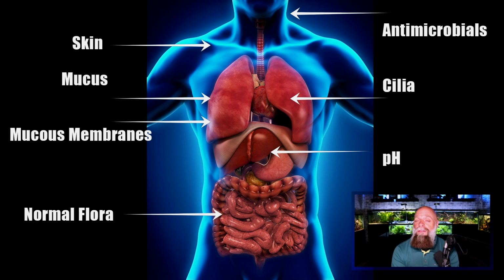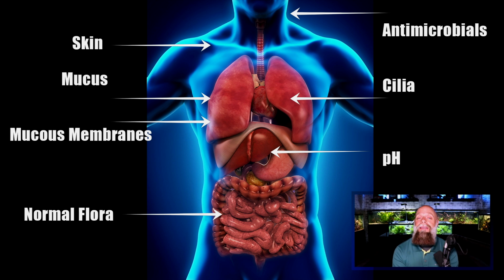All right, so first things first, I want to talk about the non-cellular components of your immune system, because there's lots of things that help prevent us from getting infections that are not cellular in nature. So this is basically a list of what we typically have. We've got the skin.